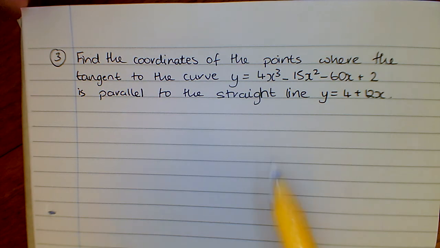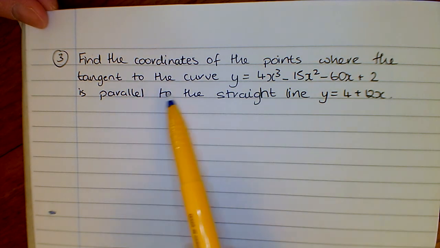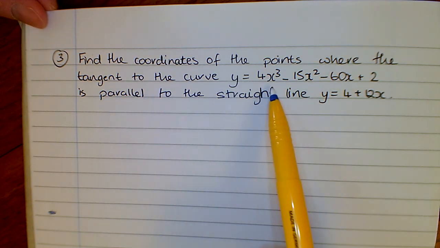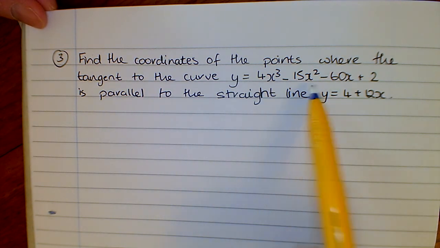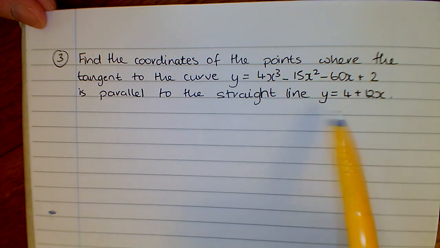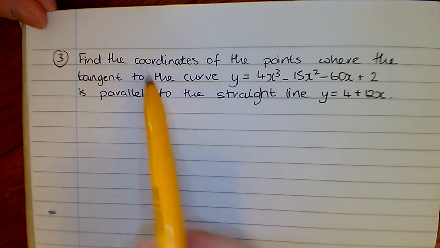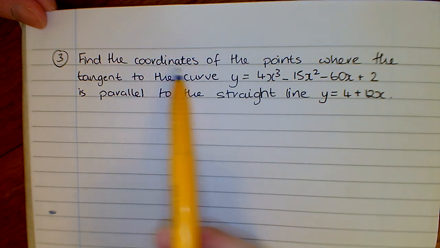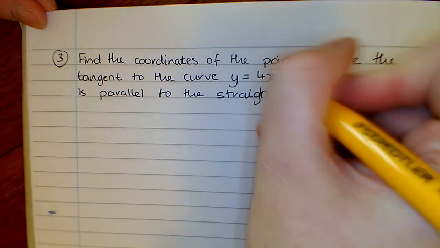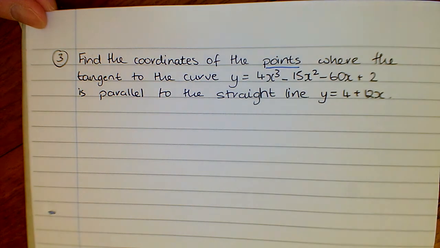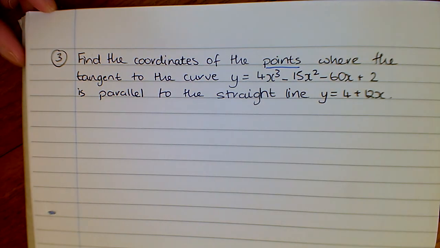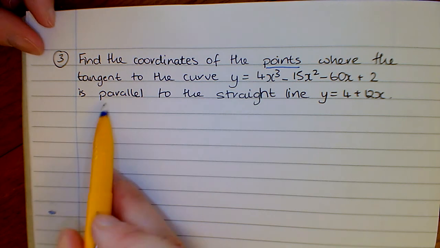Okay, so our third one then. Find the coordinates of the points where the tangent to the curve y equals 4x cubed minus 15x squared minus 60x plus 2 is parallel to the straight line y equals 4 plus 12x. Okay, so the first thing, the question has said that we're looking for coordinates, but it's of the points plural, so there's going to be more than one set of coordinates in our final answer.